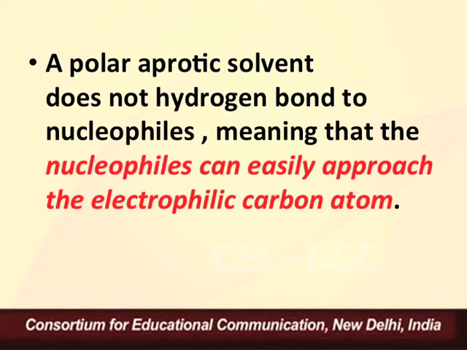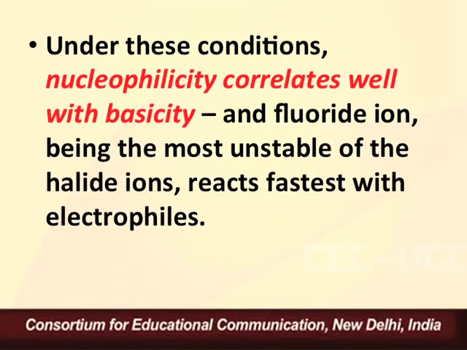A polar aprotic solvent does not hydrogen bond to the nucleophile, meaning that the nucleophile can easily access the electrophilic carbon atom. Under these conditions, nucleophilicity correlates well with basicity, and fluoride ion, being the most unstable and most basic halide ion, reacts fastest with electrophiles.